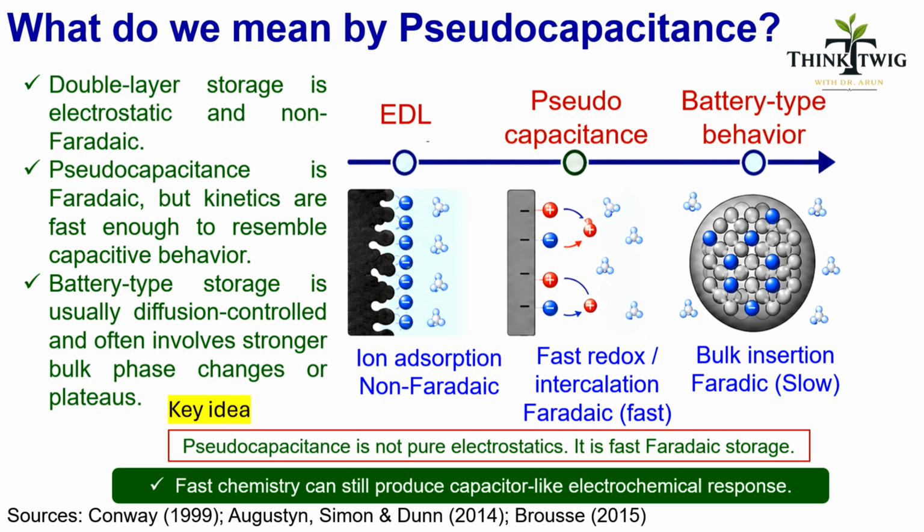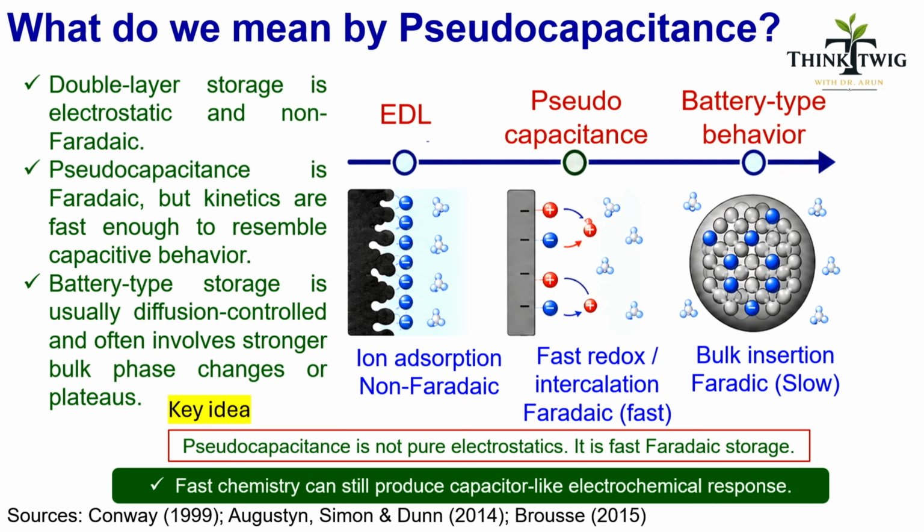A simple way of imagining this is to think about entering a building. In an EDLC, people gather near the entrance. In surface pseudocapacitance, a very fast transaction happens right around the entrance. In intercalation pseudocapacitance, people enter accessible spaces inside the building, but movement is still unusually fast.